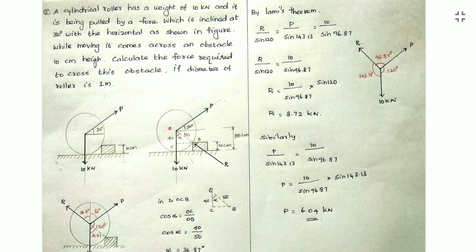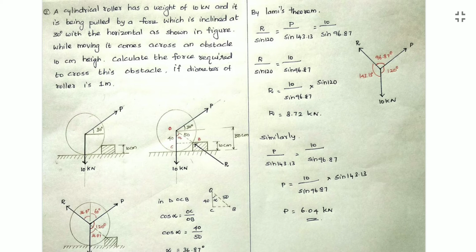When I apply the force P, the roller will move up. The height of the obstacle is given as 10 centimeter, so it has to cross the obstacle. The diameter is given as 1 meter.